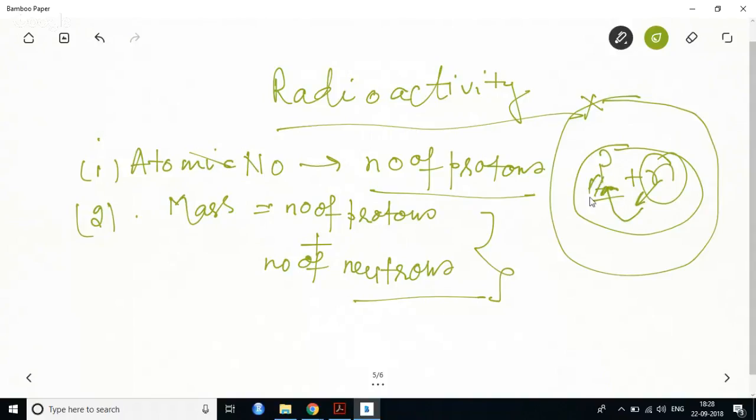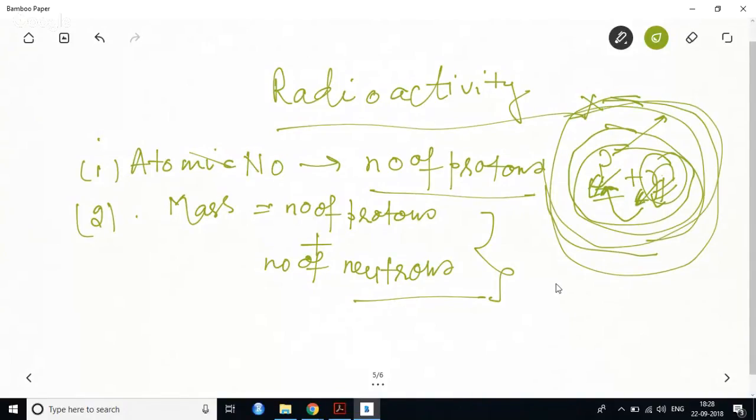As the number of protons increases, if I have an equivalent increase in the number of neutrons, the size of the nucleus will increase disproportionately. Hence, with the increase in protons, a subsequent increase in neutrons is not possible, and that is why the complete atom becomes highly unstable.